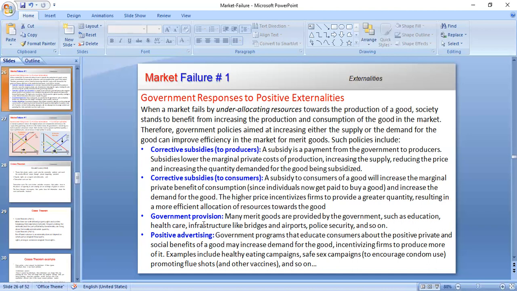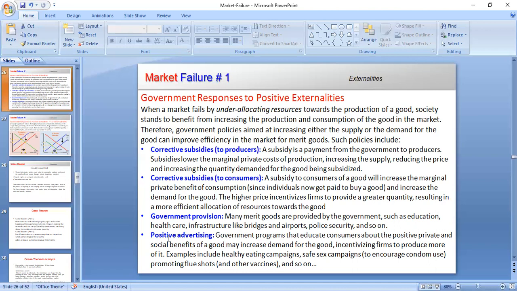The government can also construct, for example, bridges, roads, and airports, because of course it knows that this stimulates trade, yeah? The government can also provide police security, right?